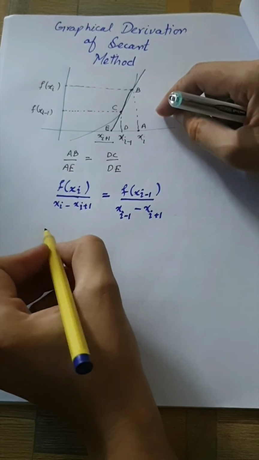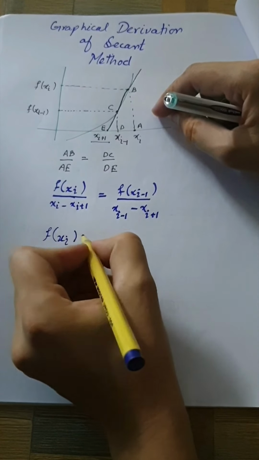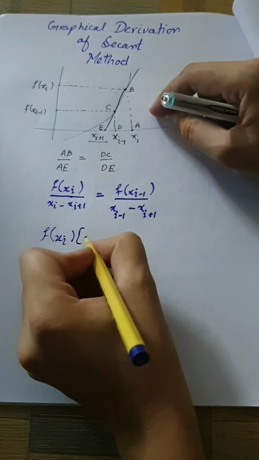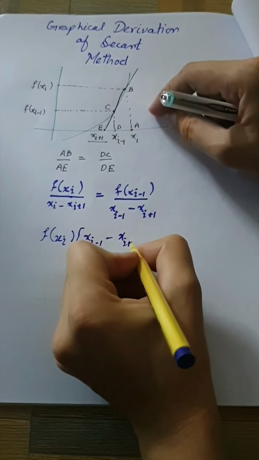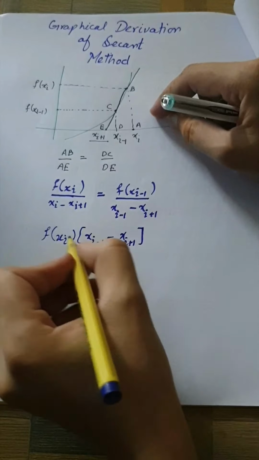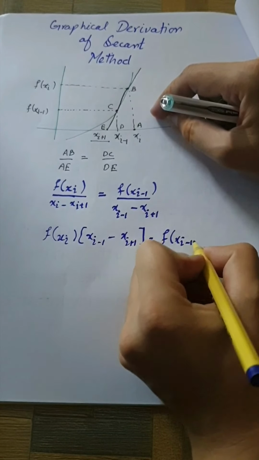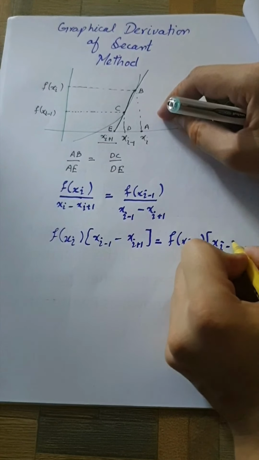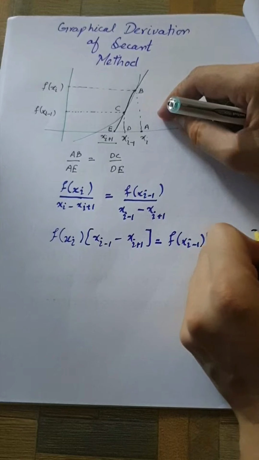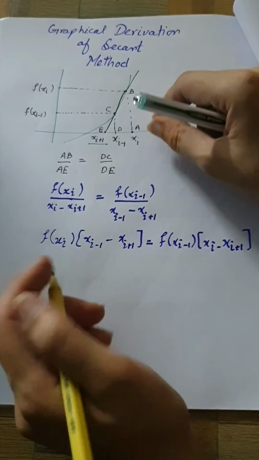I will get f of x of i into x of i minus 1 minus x of i plus 1 is equal to f of x of i minus 1 into x of i minus x of i plus 1.